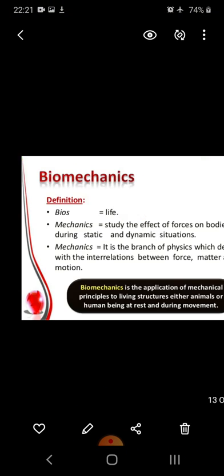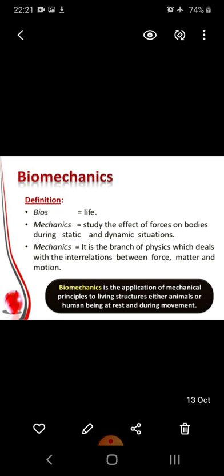As I have already explained, here bio refers to living things and mechanics refers to the field of physics and the forces that act on bodies in motion. The primary purpose of biomechanics is to evaluate a living organism's motion as well as its application of force.